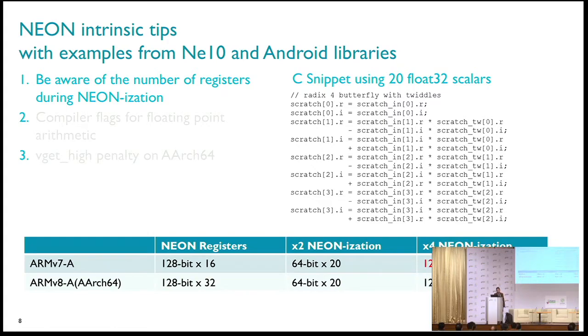Here, on the right is a C snippet using 20 float32 scalars. It's really small, but I'm sure that at least 2 scalars are being used. And to Neonize this snippet, we can perform 2 of it at a time, or we can perform 4 of it at a time.